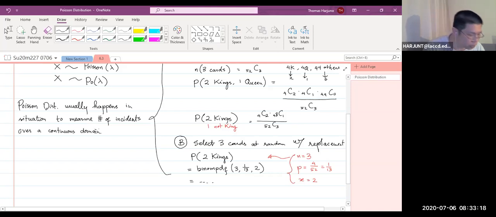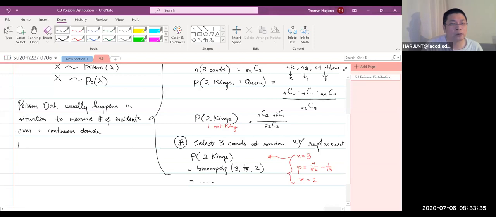If you read your textbook, you will see some examples on when we can use it. But most of the time, the number of incidents we are talking about is the number of arrivals.